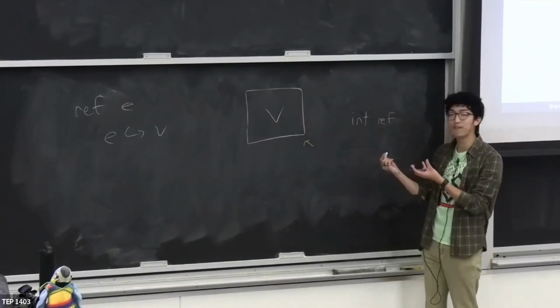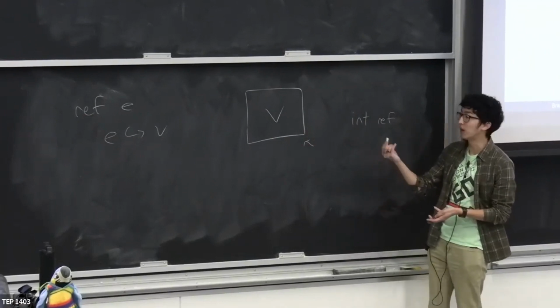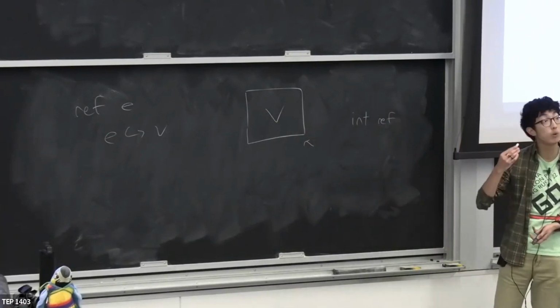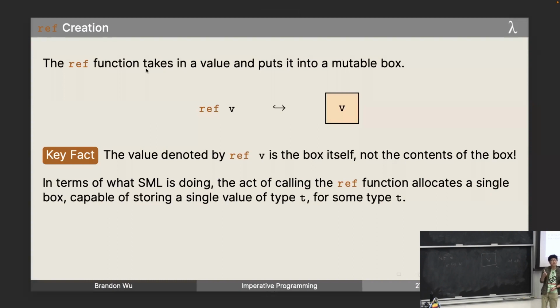I'm binding a variable to the box when I say something like val x equals ref of e. The box is ultimately what that variable is associated to. And it's also worth noting, and this will be important for your homework, every time I call ref, I get a new reference cell, a unique reference cell. Different calls to ref give me two completely unrelated reference cells.